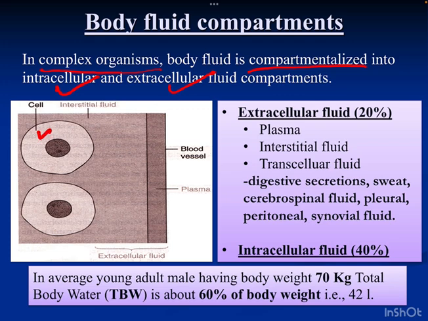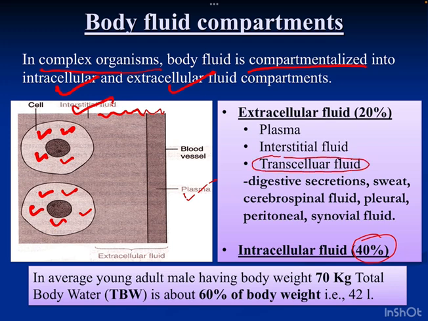The intracellular fluid compartment, which is present inside the cells, accounts for about 40% of the total body weight, while the extracellular fluid compartment includes plasma and interstitial fluid, plus less than 1% transcellular fluid, which includes the fluids present in the lumens of structures like digestive secretion, sweat, cerebrospinal fluid, pleural fluid, peritoneal fluid, synovial fluid, and others.